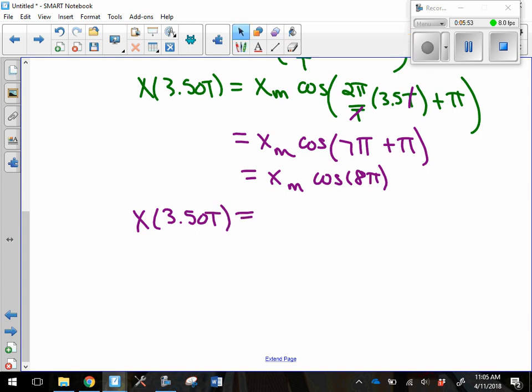And what's the cosine of 8 pi? 1. So as we predicted, we get xm. Everybody got what they need?